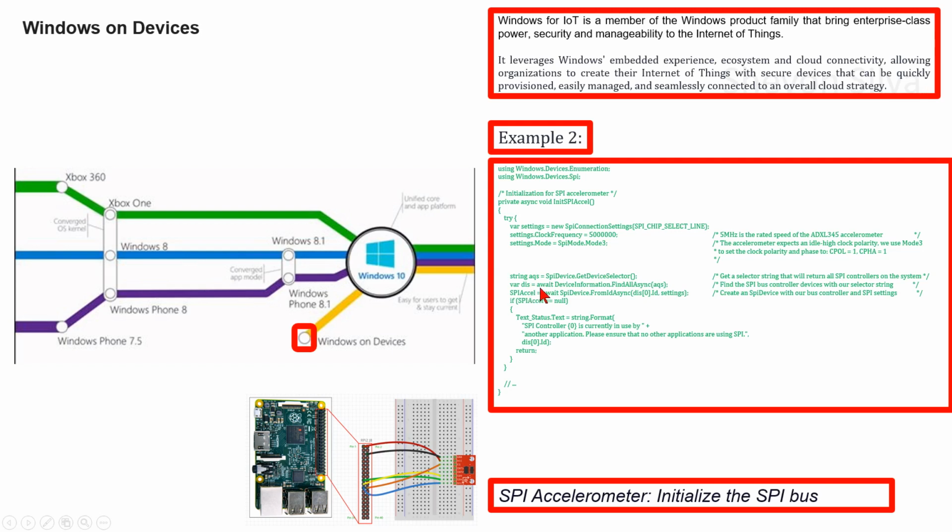Finally, we create a new SPI device from the first SPI controller on the system, DIS0, and check that it's available for use here.